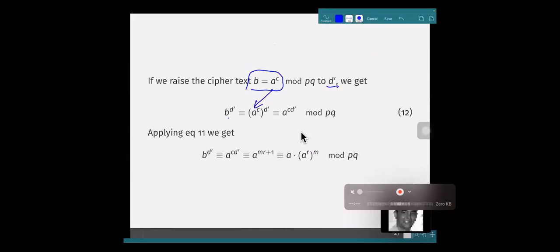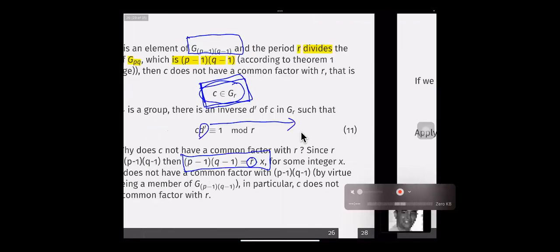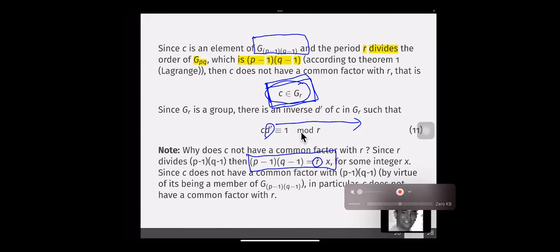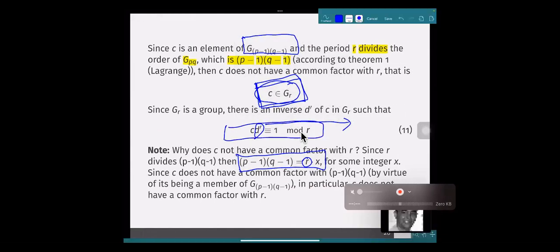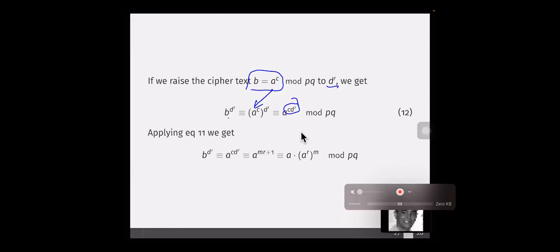But what is CD prime? CD prime is equal to 1, which means that A to the 1 is equal to A.